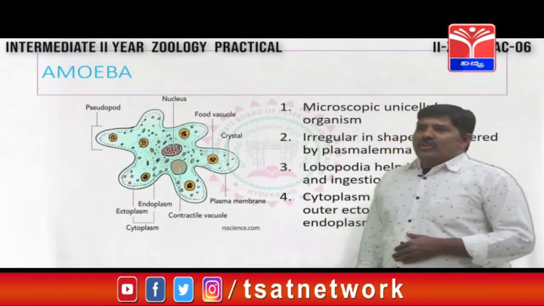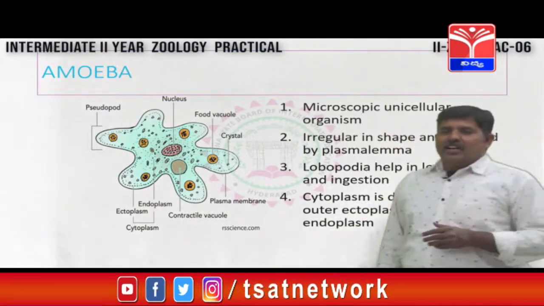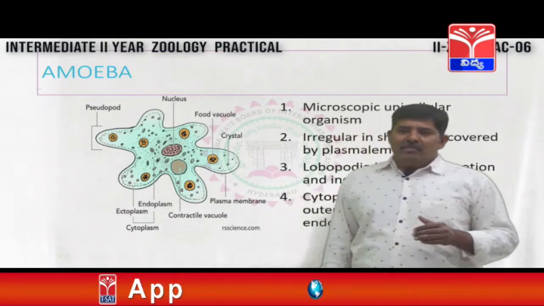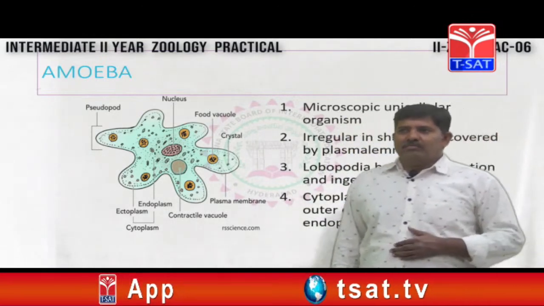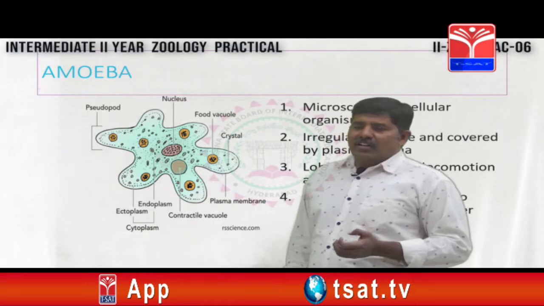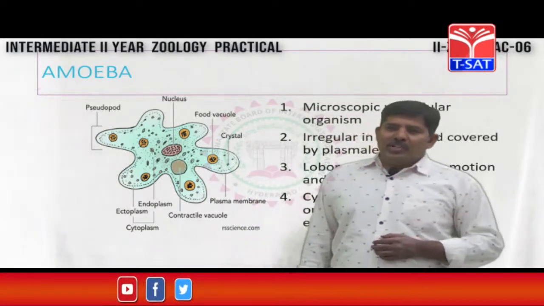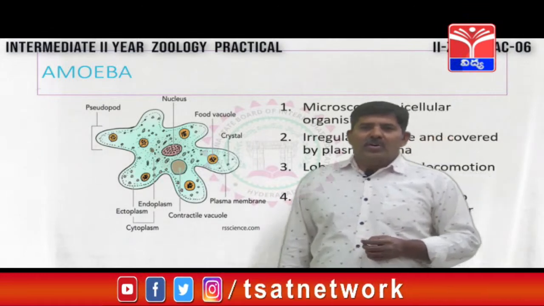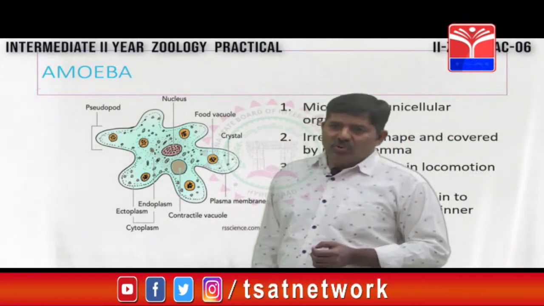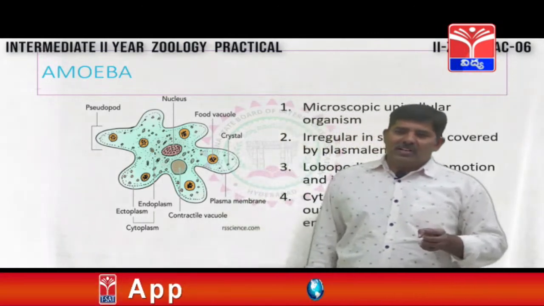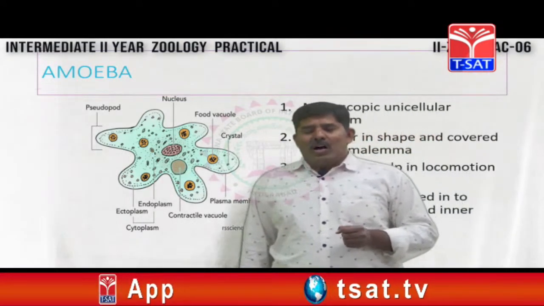The amoeba has one layer called the plasmalemma, and behind the plasmalemma there is a liquid called cytoplasm. There is a round, spherical nucleus, many food vacuoles and one contractile vacuole. So this is about the organelles of the amoeba.